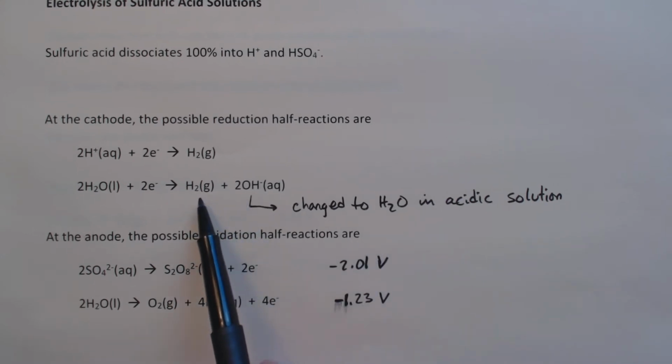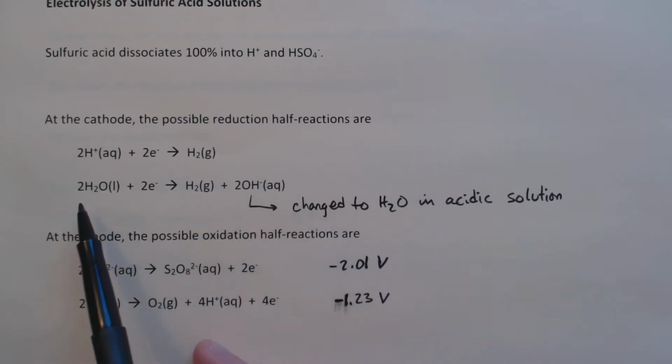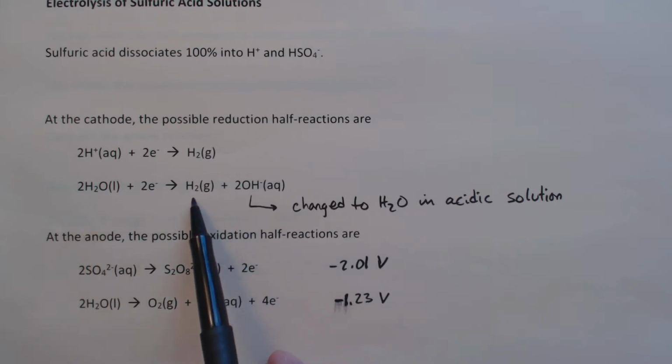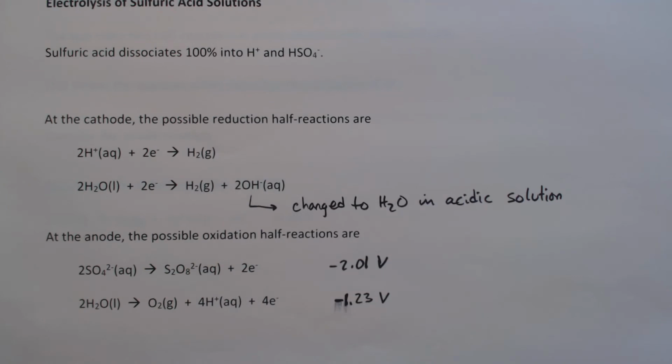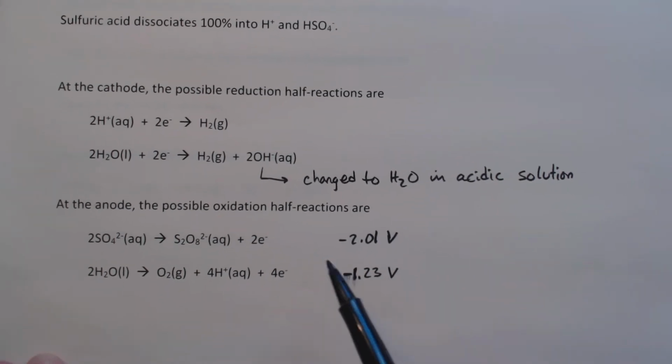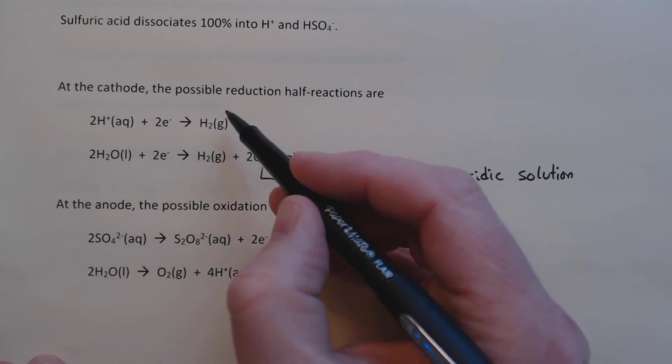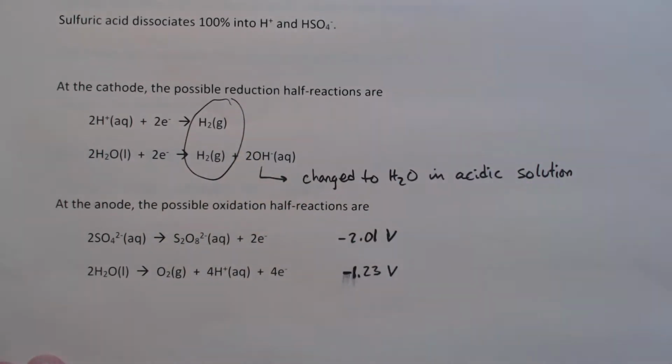It's going to produce 2 waters again, which kind of negates the whole thing. But at the very least we can see all that's going to be produced would be hydrogen gas.